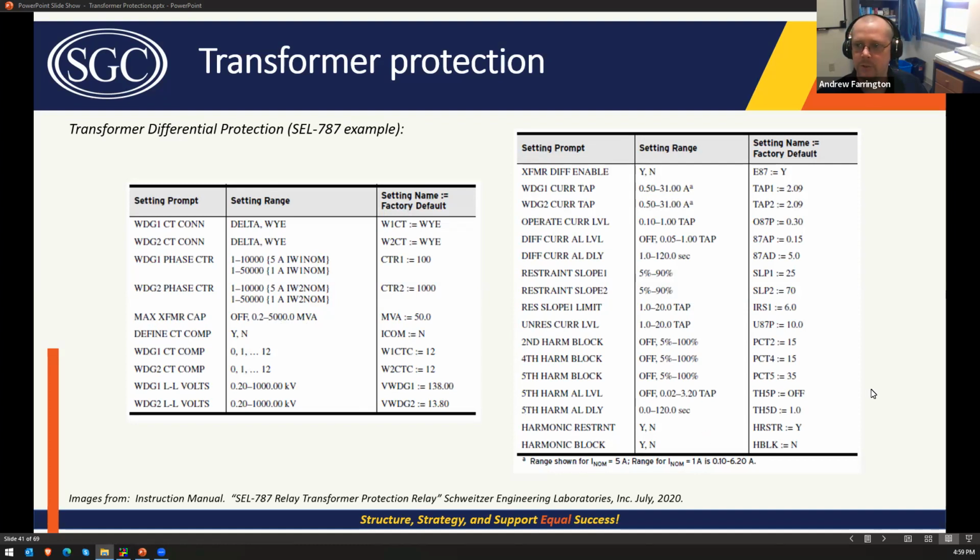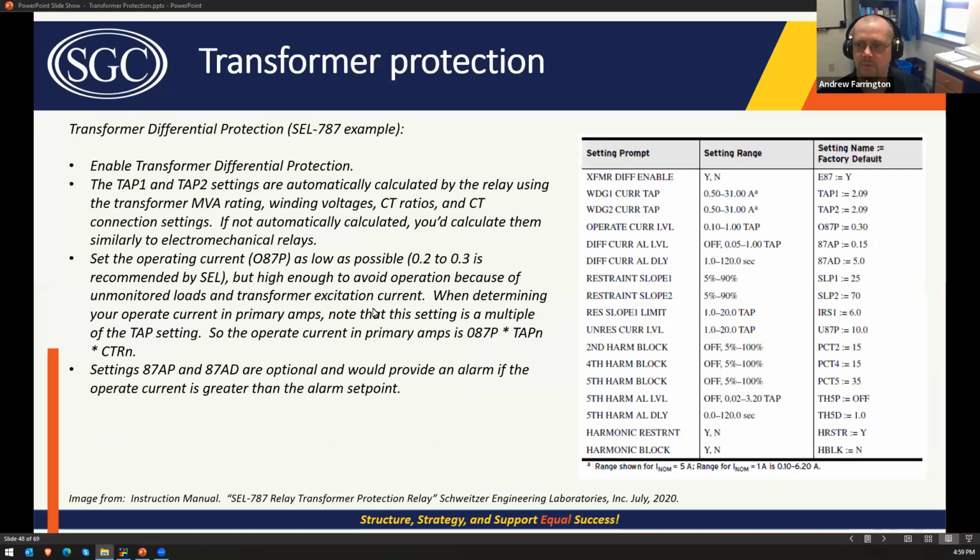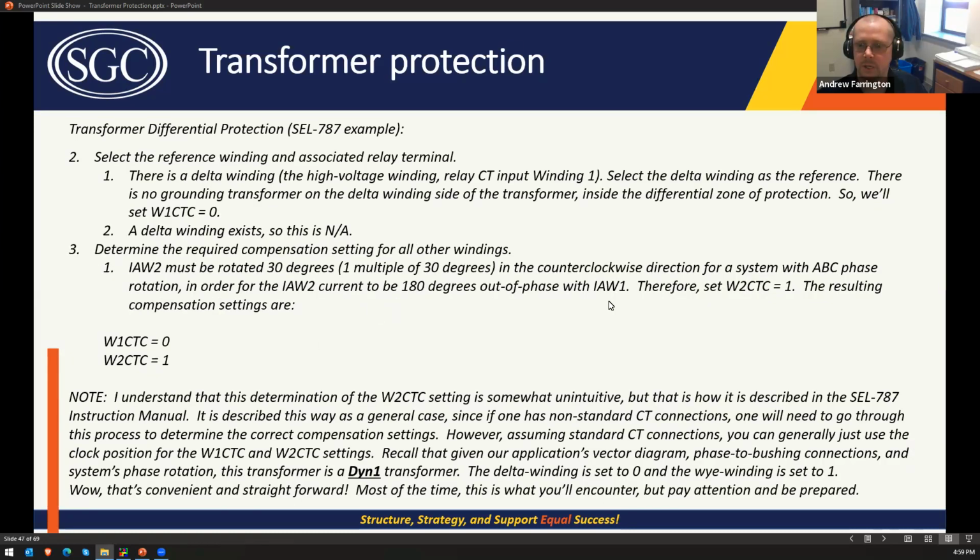Now we're going to get into the specific settings for the differential element itself. So we left off on this slide.